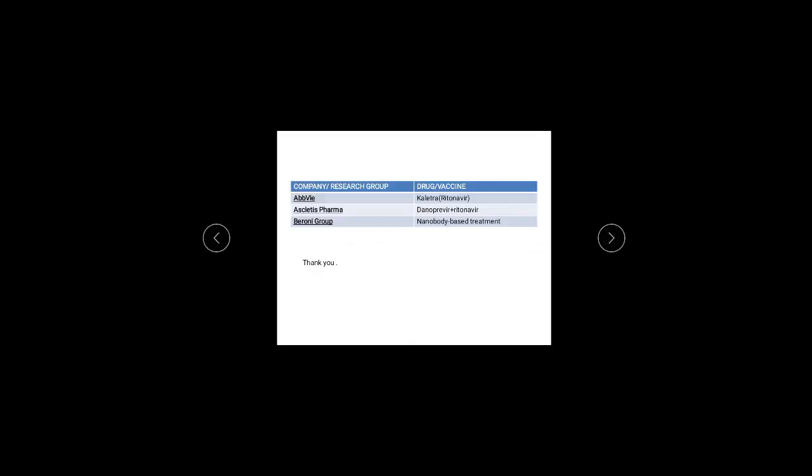Then the next slide. Some companies or research groups are actively finding drugs or making a vaccine for this. First is the AbbVie company. This company used the ritonavir drug, which is an HIV protease inhibitor drug. Mainly this drug affects the proteolysis mechanism of the virus.